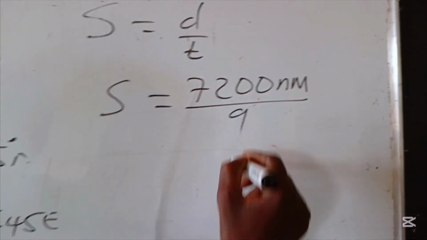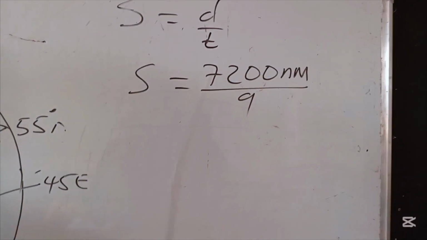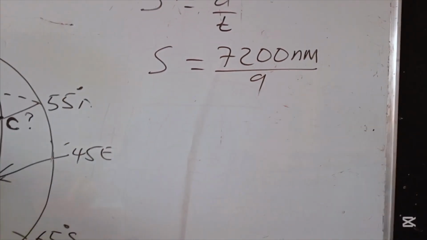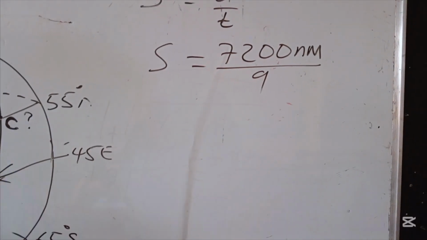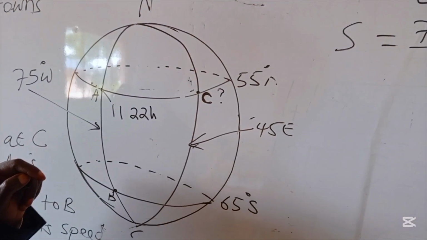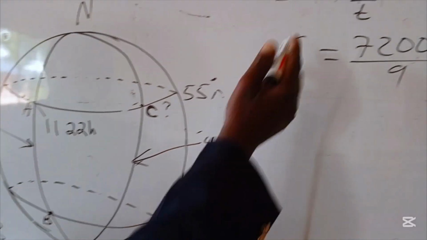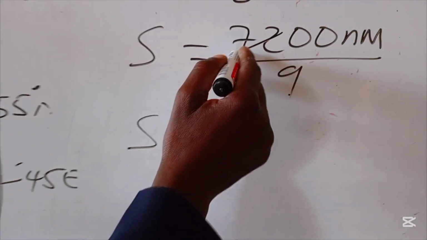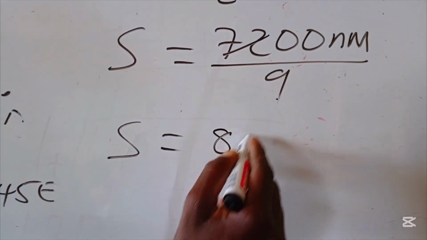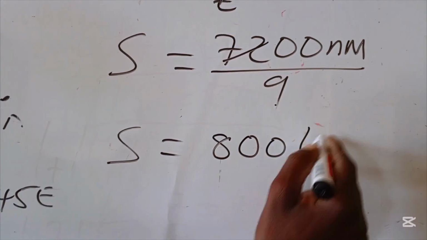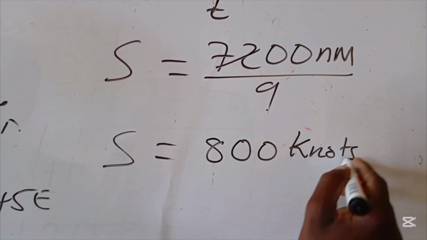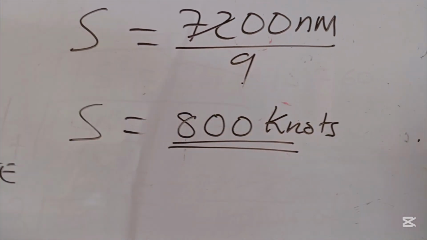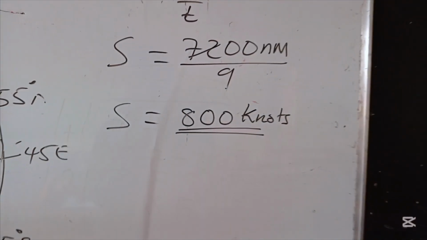This plane flew for 9 hours from A to B. So we have to divide, because this is how we calculate speed. Speed is equal to 7,200 divided by 9. You agree with me, it is 800 knots. Please don't forget to put the units. It is 800 what? Knots. So this is how it goes.